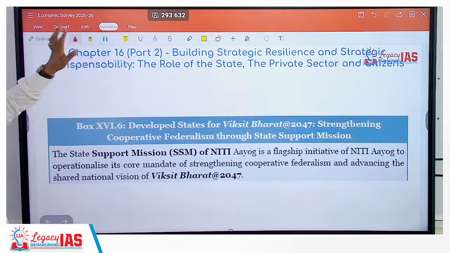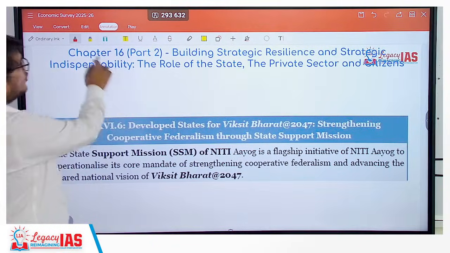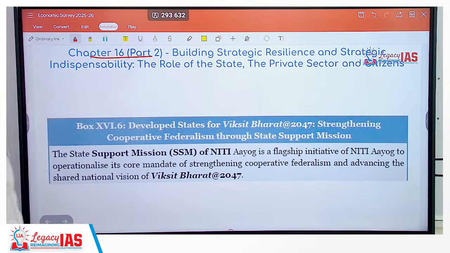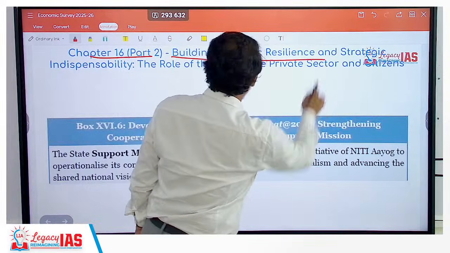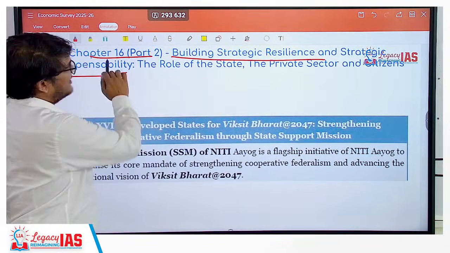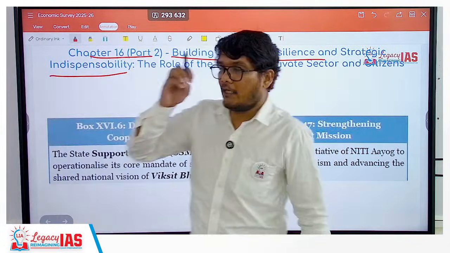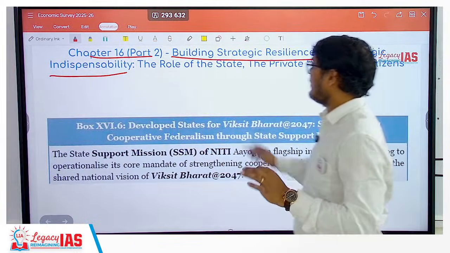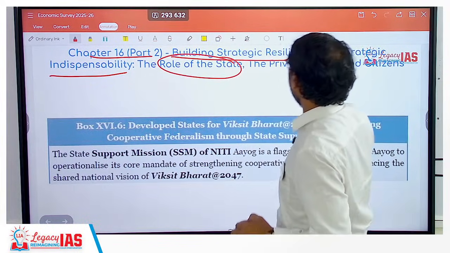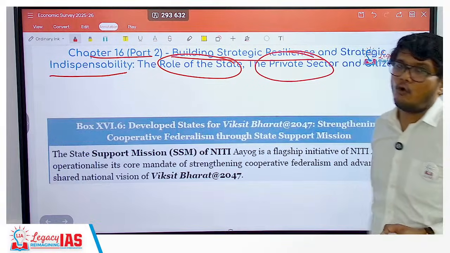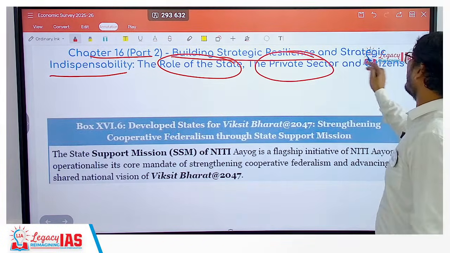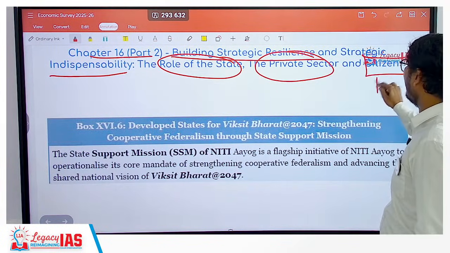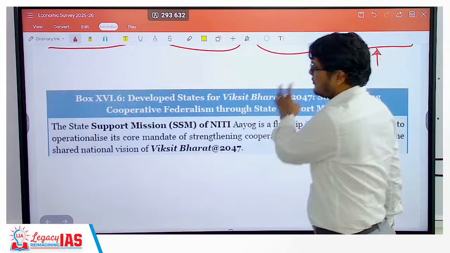So this is what part 1 talks about, and part 2 talks about building strategic resilience and strategic indispensability. Here the economic survey's emphasis is on the role of the state in doing so, the role of the private sector, and the role of the households, that is, the role of the citizens in doing so.